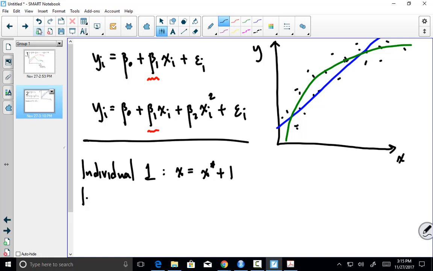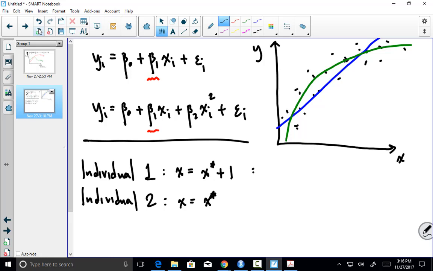And we're going to compare to individual 2 who has covariate just equal to x star. So I'm just dreaming up hypothetical individuals who differ by 1 unit on the predictor variable. Beta coefficients in a linear regression model are mean changes in the response associated with a 1 unit increase in the predictor.